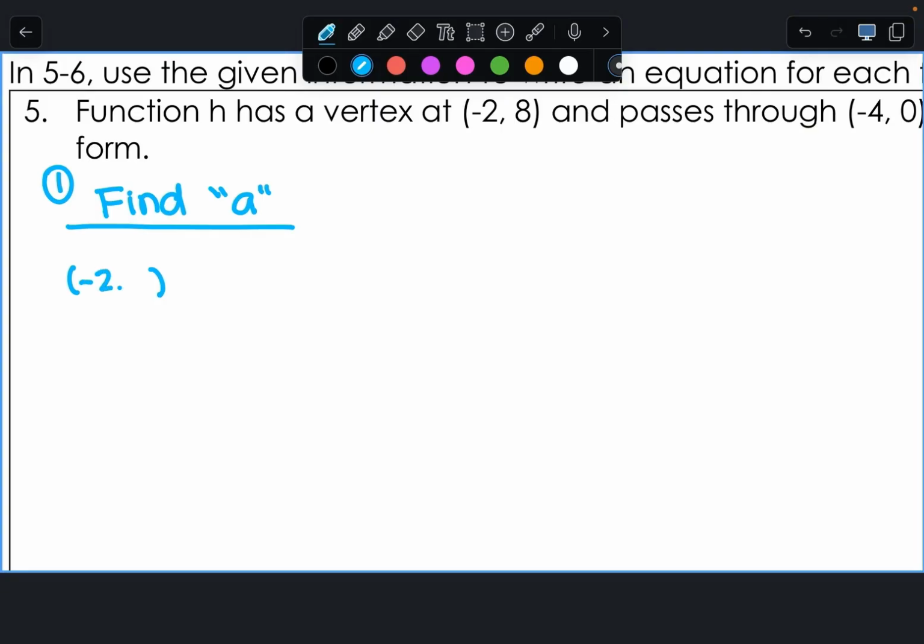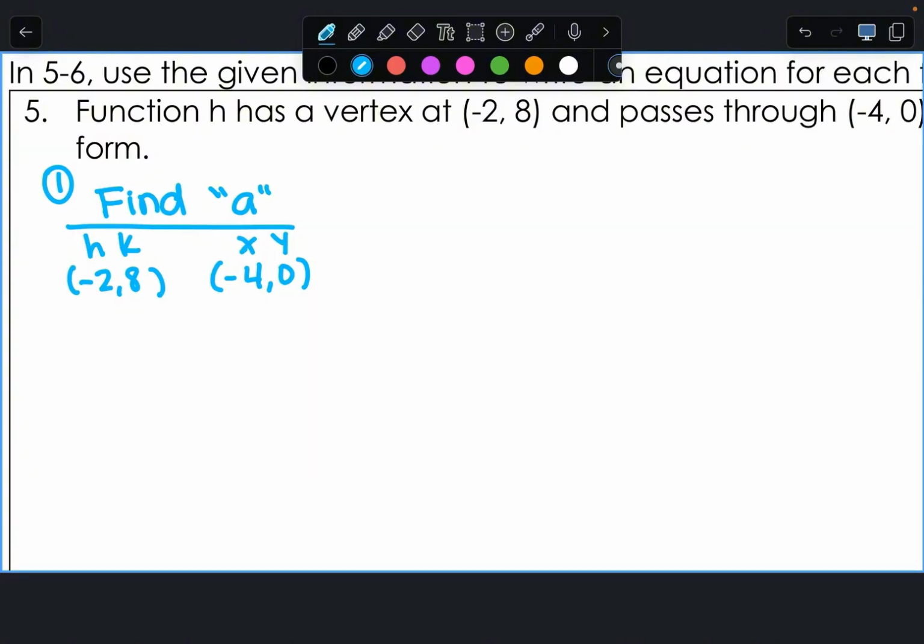Because -2, 8 is the vertex, I have to label it with HK. My random point is -4, 0, so I'm going to label that one with XY, just as I normally would any other point. The only difference is -2, 8 is H and K specifically because it is the vertex.